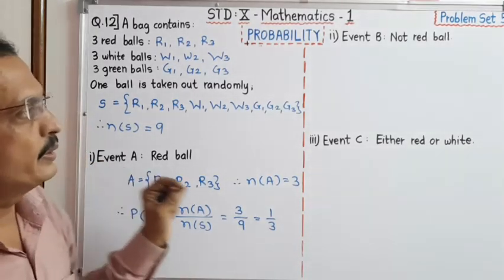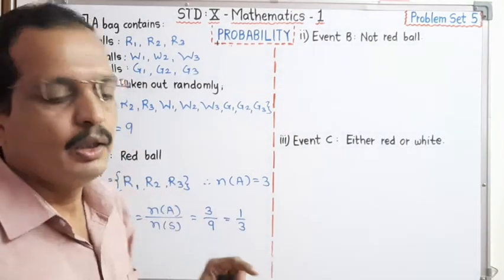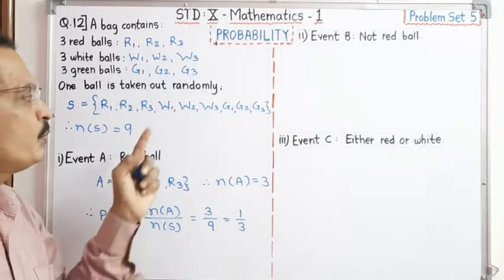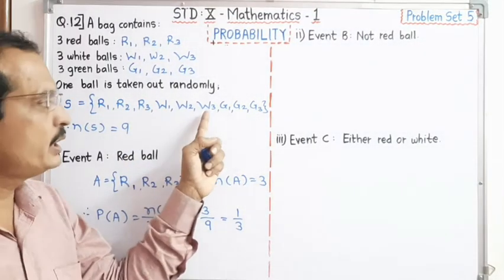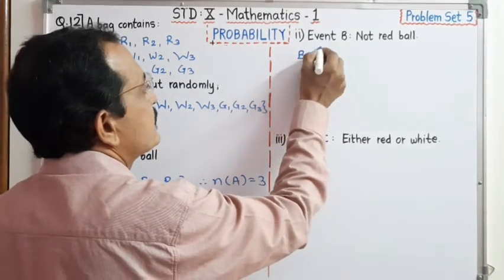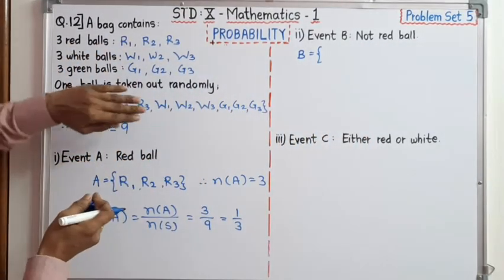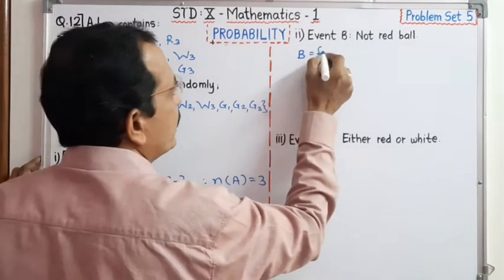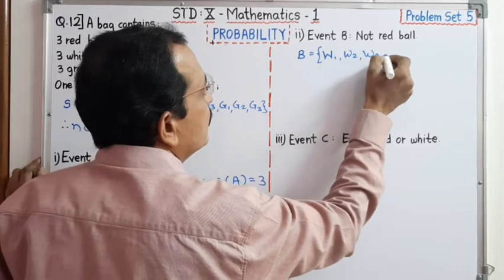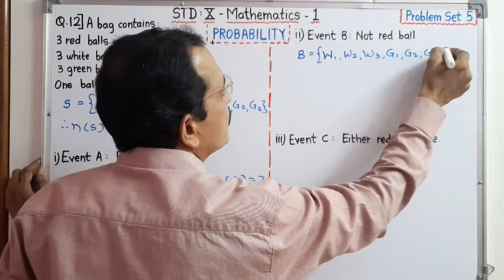Now, event B. The selected ball is not a red ball. Not a red ball means it may be white or it may be green. But in white there are 3, W1, W2, W3, and in green G1, G2 and G3. Therefore, for the sample space of event B, not a red, out of this we have to omit R1, R2, R3. The remaining all we have to write. Therefore, we can write W1, W2, W3 and G1, G2 and G3.